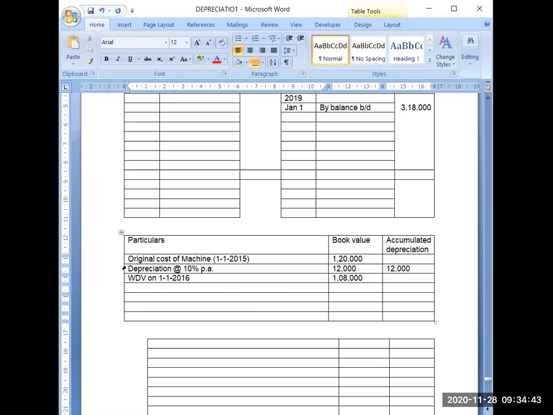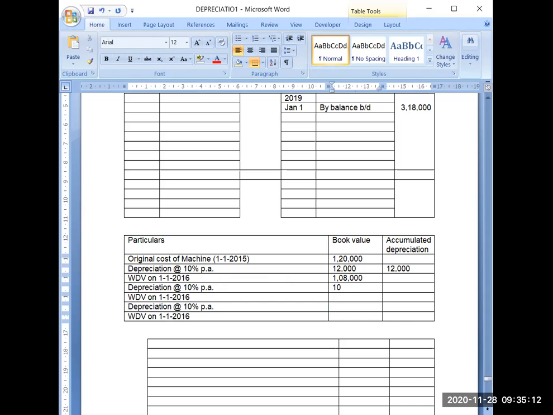Then again, we will charge depreciation on this value 1,08,000.